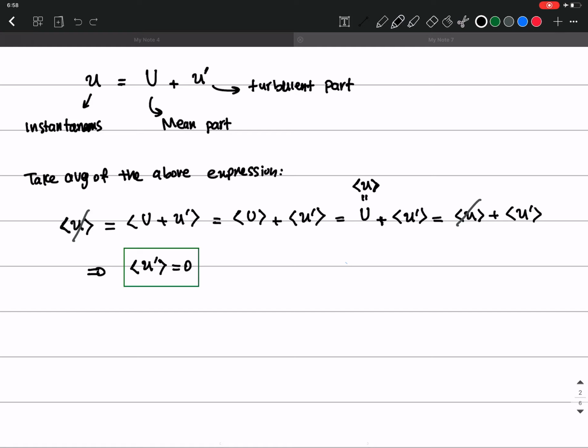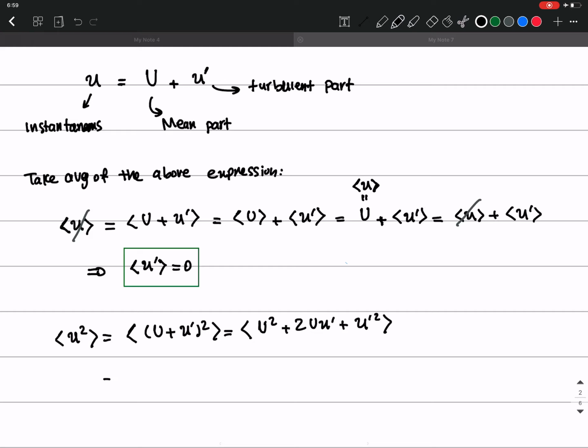The second thing that I want to calculate is the average of u square. What is going to be the average of u square? I can write it as the average of capital U plus u prime, squared, which is going to be the average of capital U square plus 2U u prime plus u prime square.